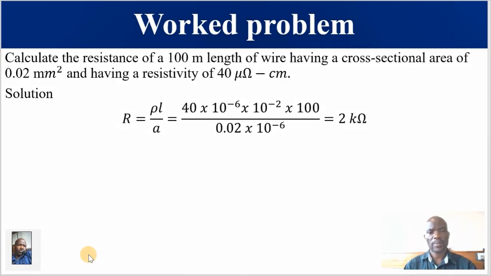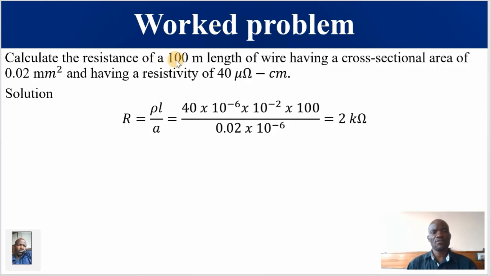Worked problem. We've got a question there. Guys, I think you should get hold of your calculator. If you don't get this, then you need a video on how to use your scientific calculator, and I will do that.